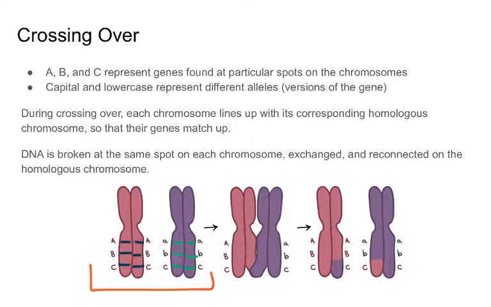What ends up happening is that the first chromosome, with its genetic material, gets tangled with the second chromosome, and in that tangling, right down here, this piece is going to break off and this piece is going to break off, and they're going to swap pieces.